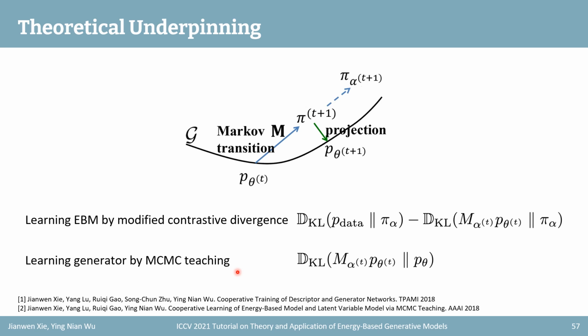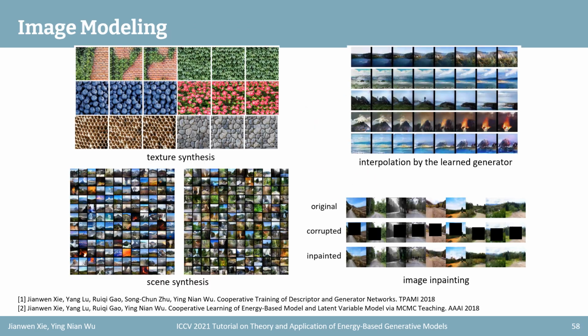Therefore, the advantage of this cooperative learning is that the generator jumpstarts the MCMC sampling of the EBM, and the EBM helps to refine or improve the generator model. So that's the basic scheme of this cooperative learning.